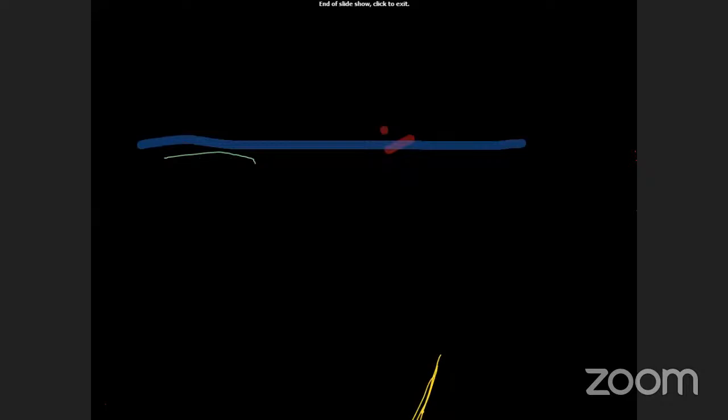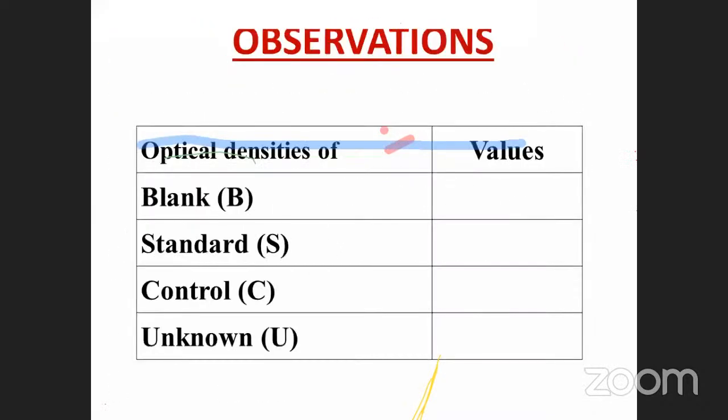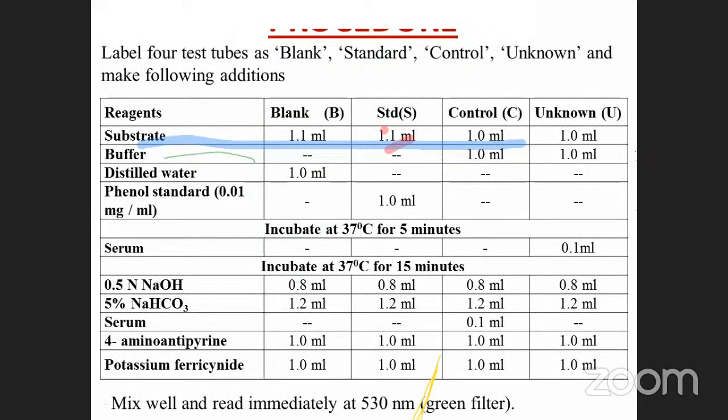These are the reagents used for the estimation of serum alkaline phosphatase enzyme activity. Blank is 0.12, correct?